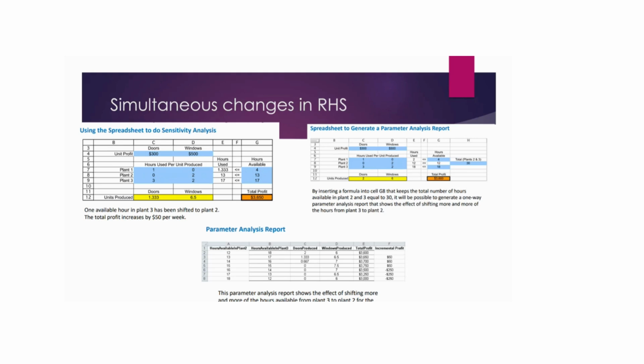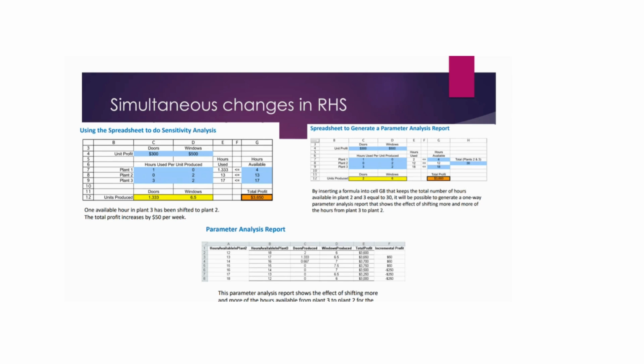So here we have two spreadsheets. Let's look at the left side first. One available hour in plant 3 has been shifted to plant 2. So what used to be 18 hours in plant 3 is now 17 hours because the 18th hour was transferred to plant 2.